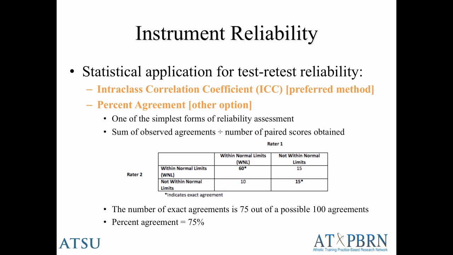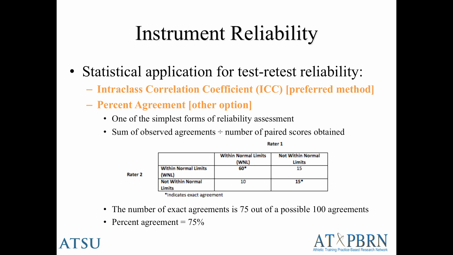Therefore, there were a total of 75 observed agreements. So, if we divide the 75 observed agreements by the total number of possible agreements, which in this case would be 100 since 100 individuals were measured, the percent agreement between these 2 raters is 75%.